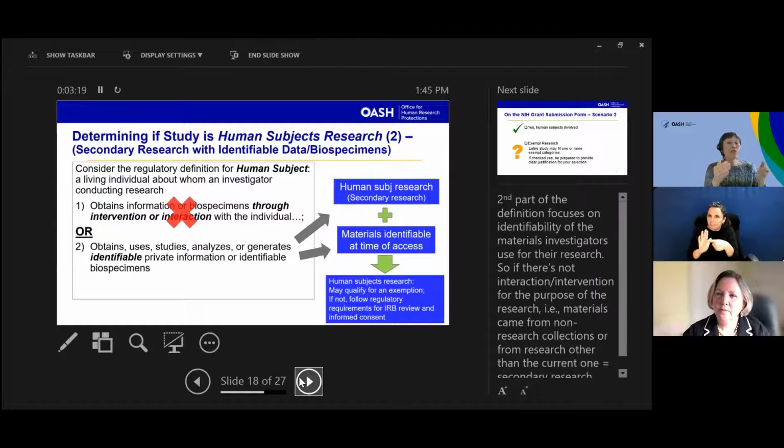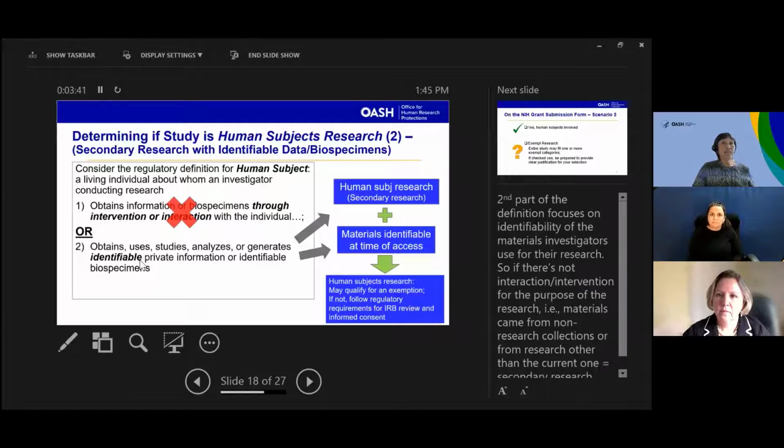Then you would be doing non-identifiable research. So in this second research, you're using old materials, this is secondary research, and you have no way to link to identifiable information. So that would be not human subjects research, because it would not satisfy either 1 or 2 of the definition of human subjects.